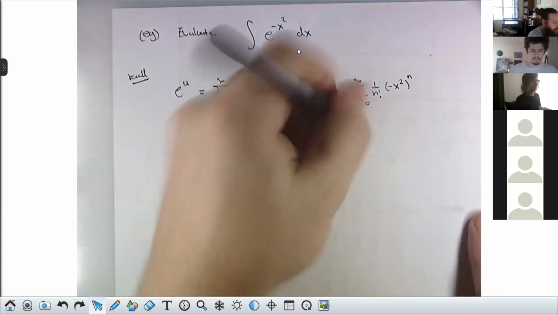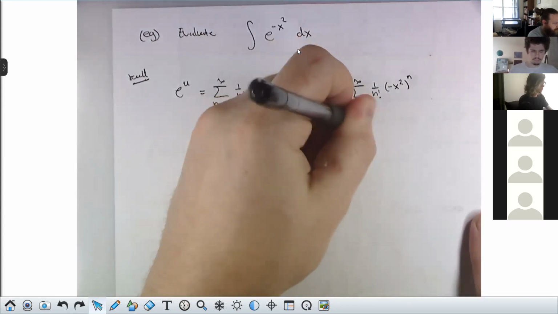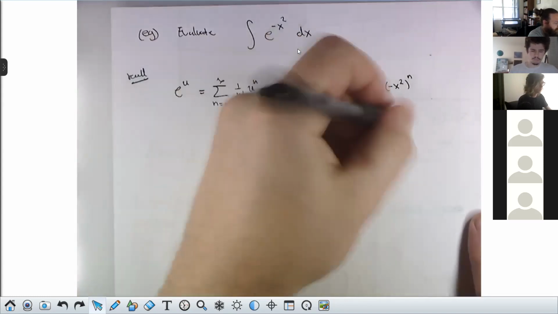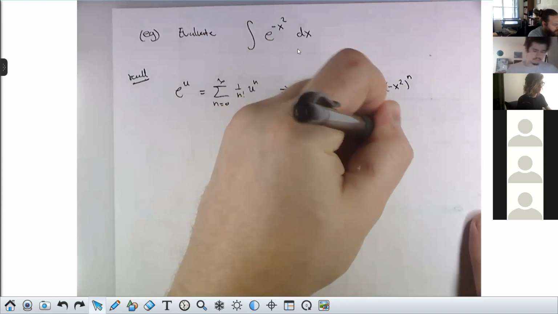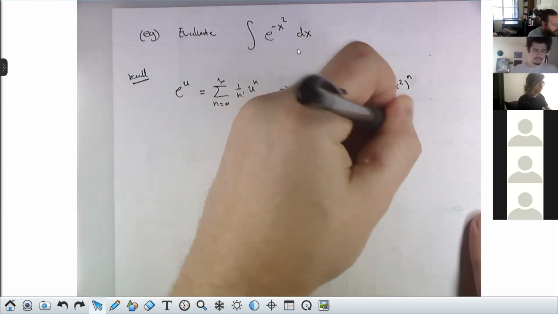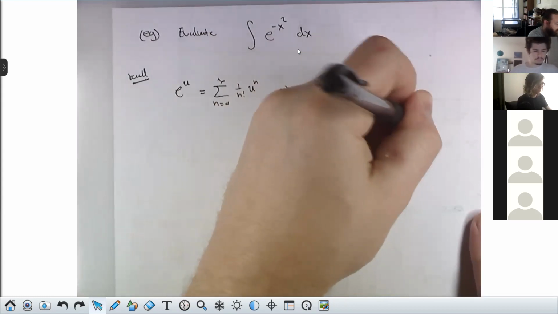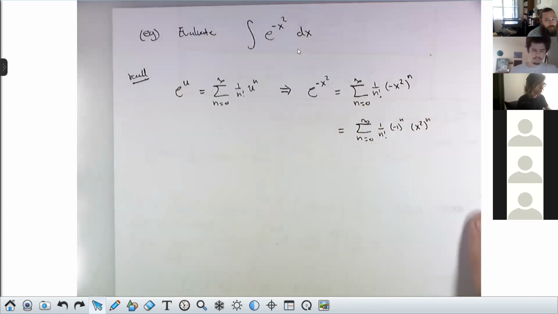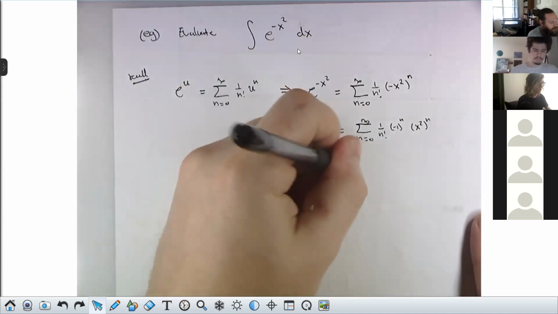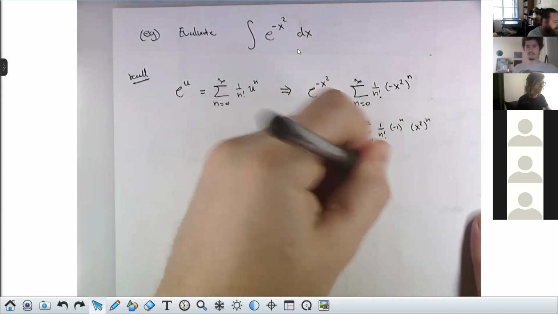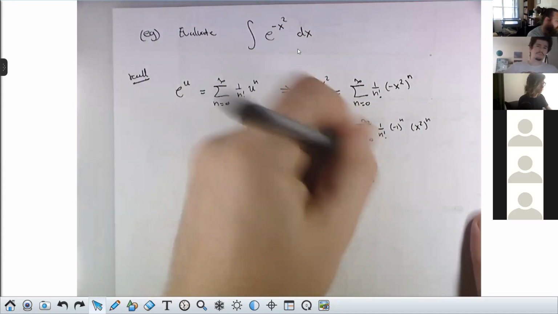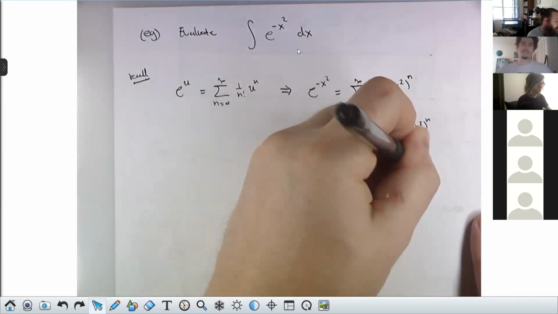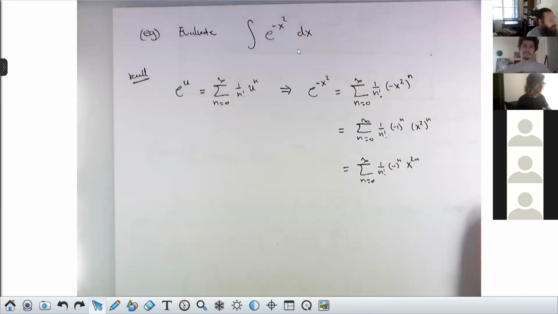We need to simplify this before we can do any special stuff like integrating and differentiating. That's the sum of 1 over n factorial times negative 1 to the n times x squared to the n, which is the sum of 1 over n factorial, negative 1 to the n, x to the 2n.